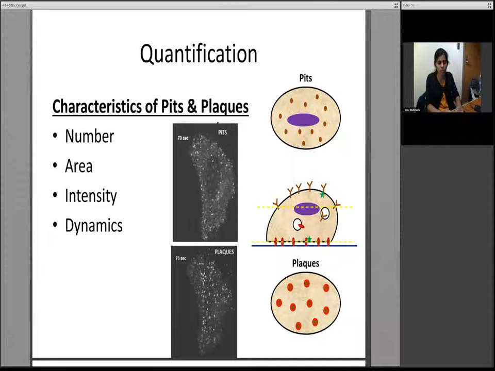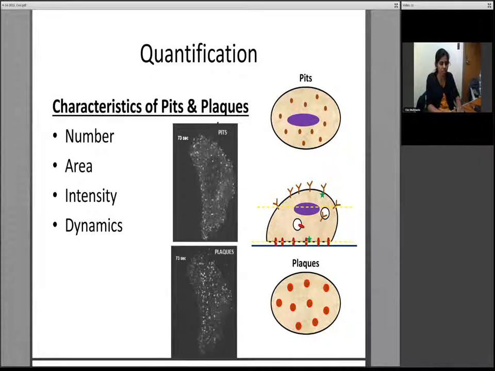So we want to know if the number of the pits or plaques are affected, or the area and the size, or just the intensity, which is the brightness of the pits or plaques, and finally the dynamics of the pits or plaques. So I'm not showing you movies today, but these pits are much faster, whereas the plaques are much more stable in comparison to the pits. So these are all characteristics that we want to study.